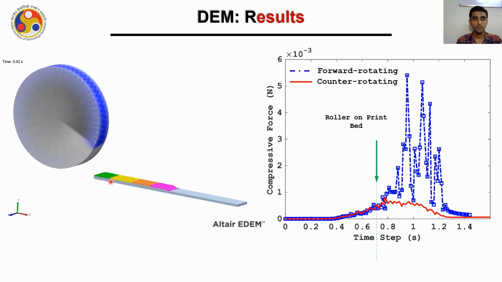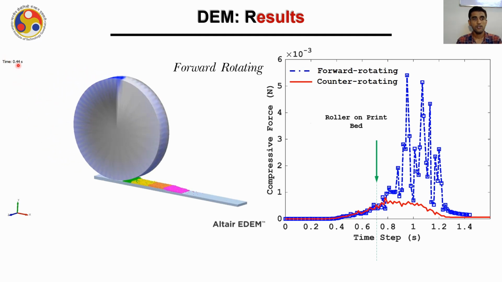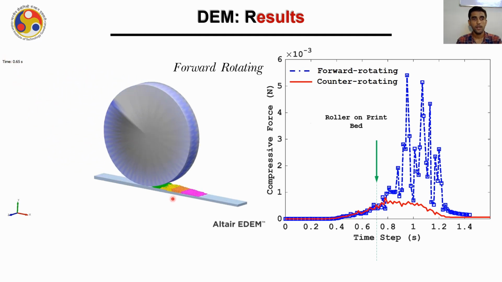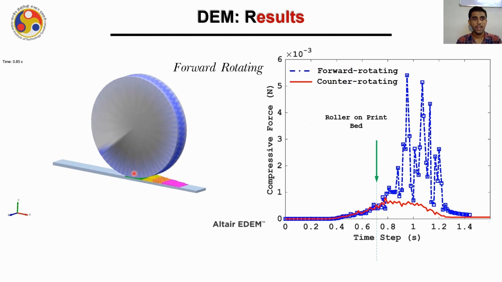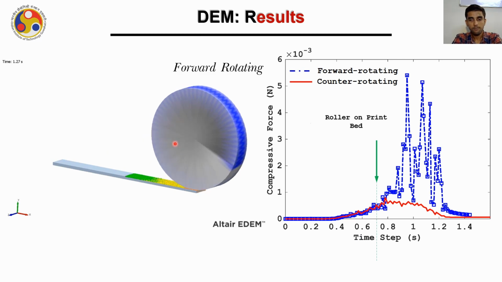In fact, it is quite clear from this animation also that initially there are no powder particles on the print bed, but at around 0.75 seconds, the roller comes onto the print bed.